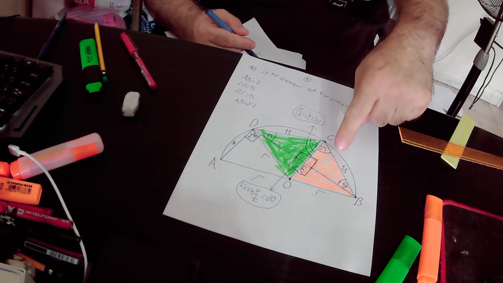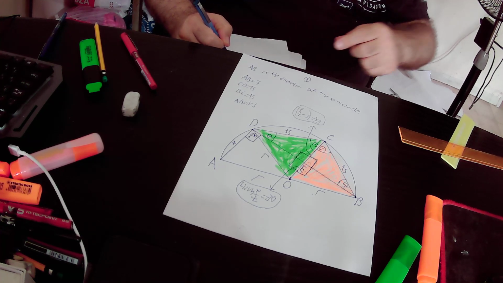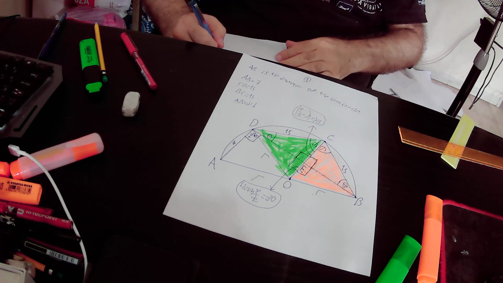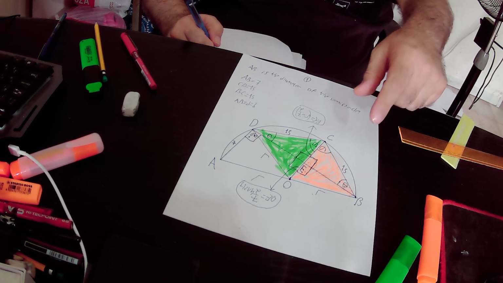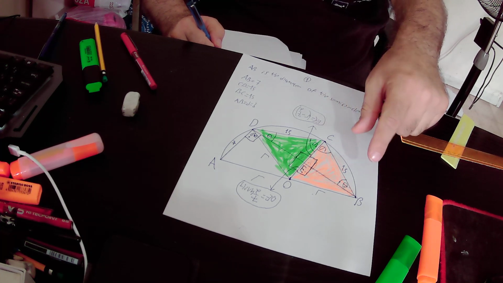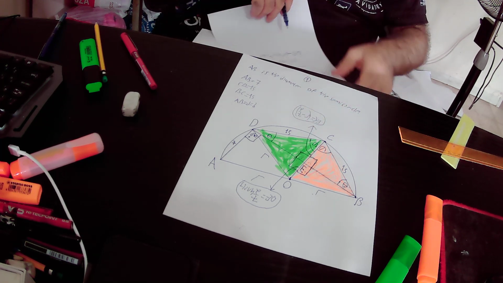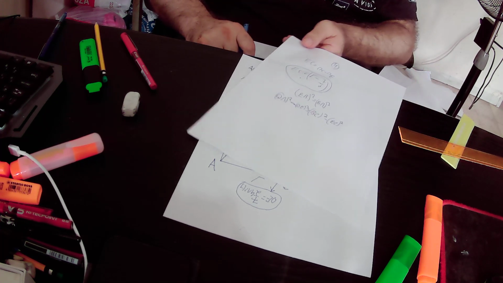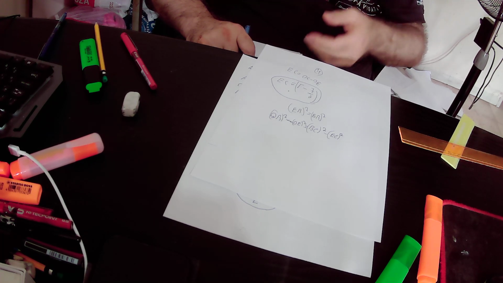Here EB square equals BC square minus EC square. So in total we got the equality OB square minus OE square equals BC square minus CE square.